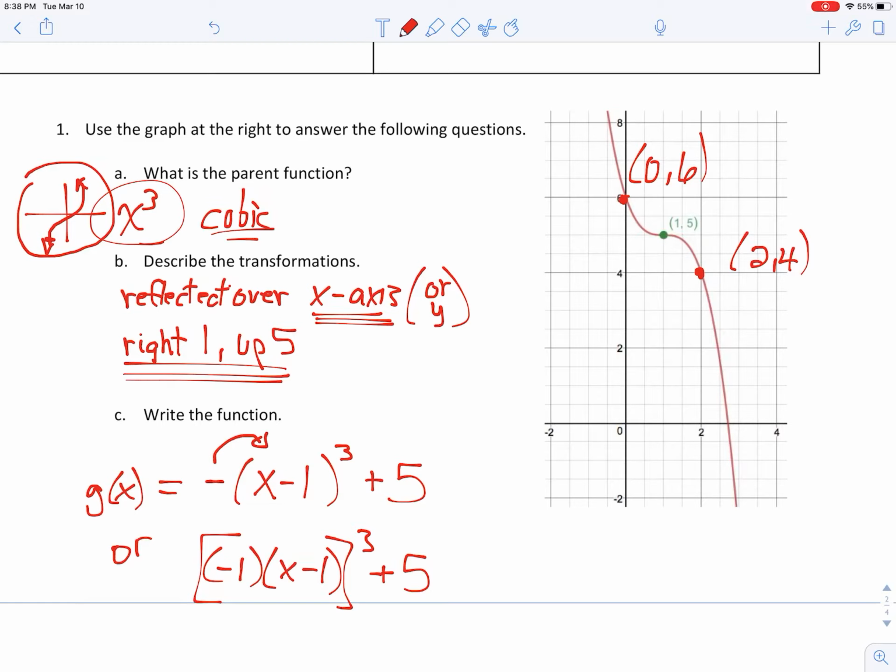This is still a cubic. It's been shifted right 1 up 5, and now on that inside it has been reflected over the y-axis. On this one, this cubic function, it doesn't really matter. But for something like the quadratic and absolute value, reflecting over x is different than reflecting over y.